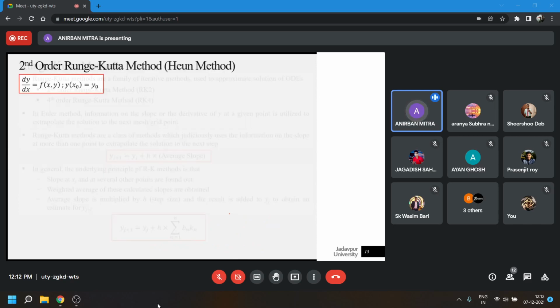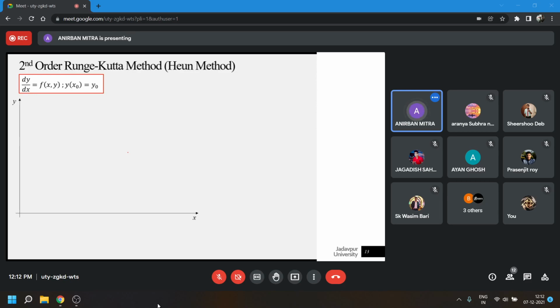Now let us talk about the second order RK method, which is also known as the Heun method. The ODE that we have taken up over here is the same as before, that is dy/dx is equal to f of x, y, where the initial condition is given as y equal to y0.